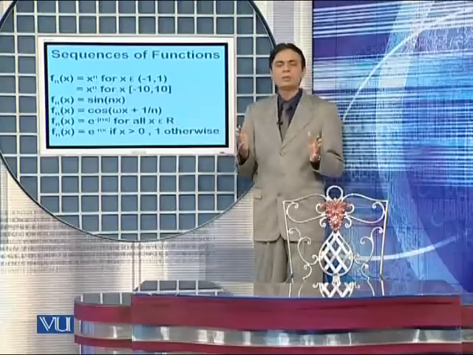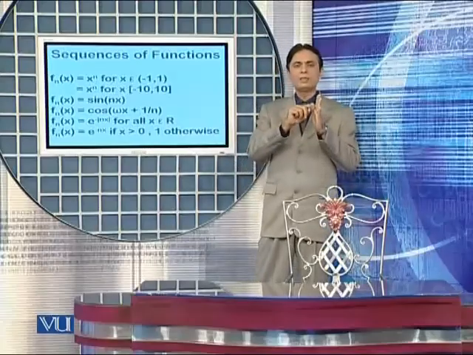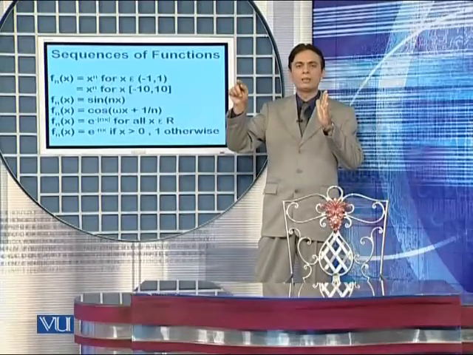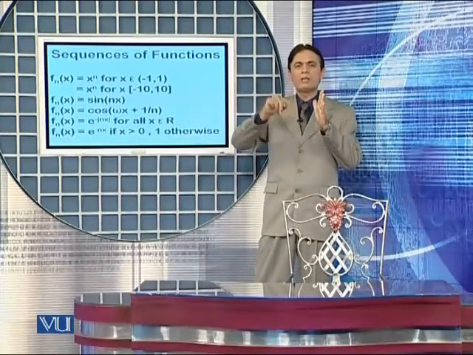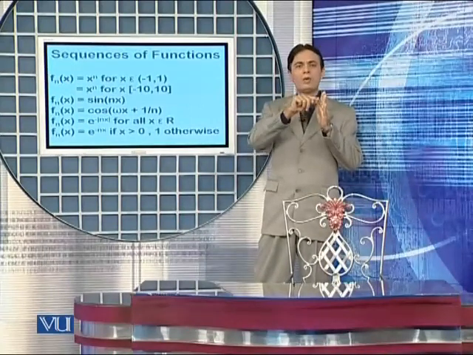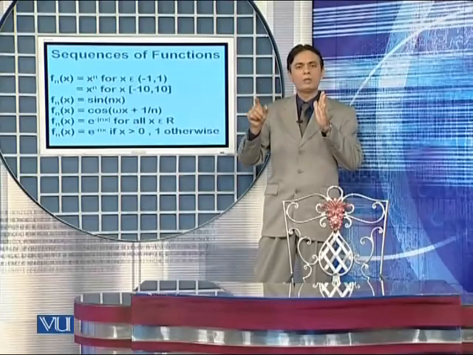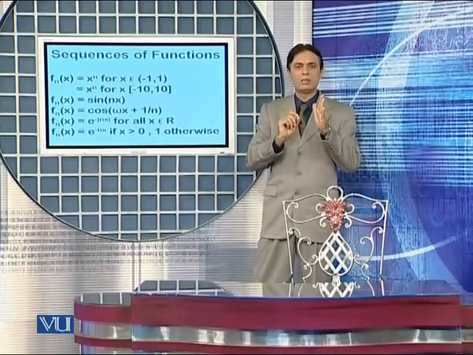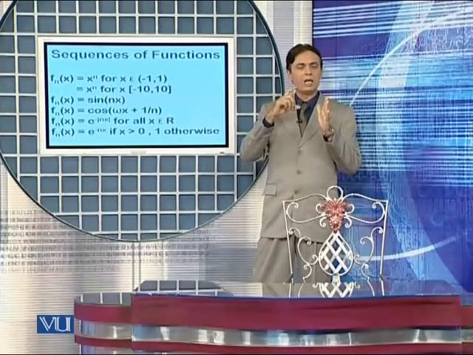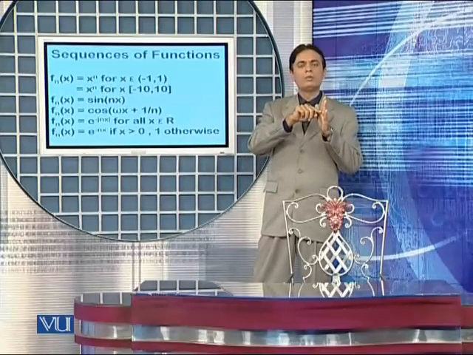So this sequence of functions takes the first function and plots it as a sine wave. The second function is also a sine wave with double the frequency of the first function. The third is also a sine wave with a frequency 3 times the first one. So this is a collection of sine waves with higher and higher frequencies.